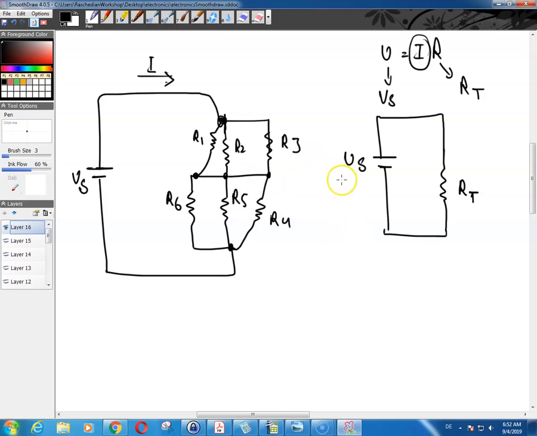That's how you would approach almost any circuit really.